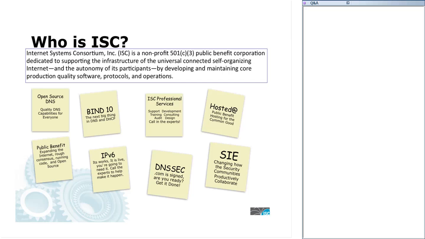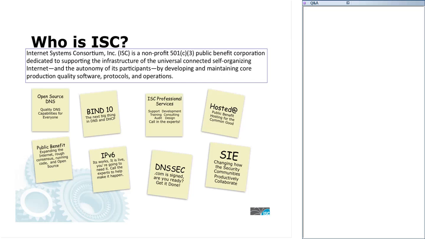And ISC is dedicated to supporting what we like to call the infrastructure of the universal connected self-organizing Internet, which is a really long way to say that we believe that the Internet belongs to everyone and not to any specific agenda, be it corporate, governmental, political, and we believe in the autonomy of all participants in the Internet.